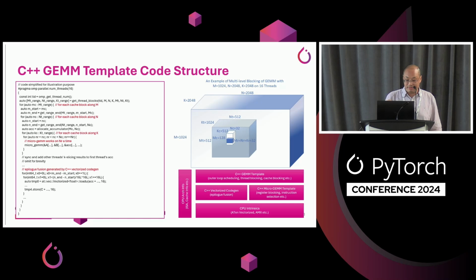Once the thread and cache blocking is done, the template invokes the next level, which is the micro-GEMM template. It is CPU architecture specific and performs register blocking, which maps the blocks to CPU registers.